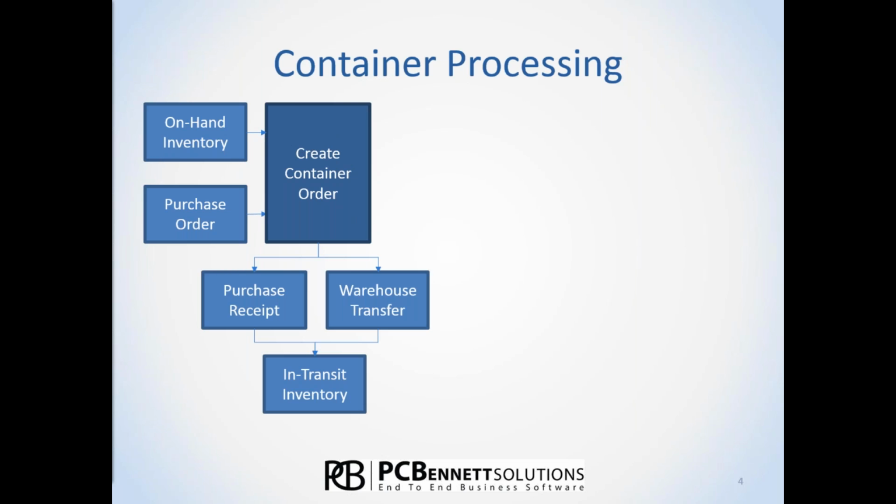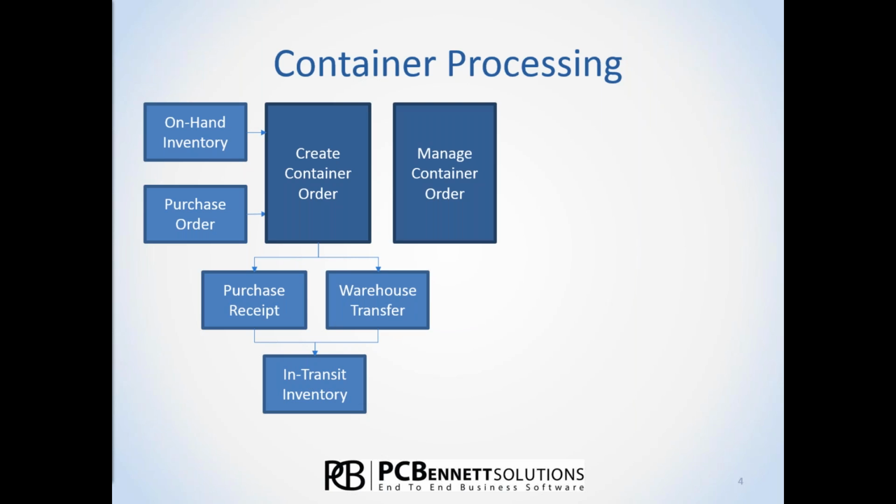From that container order, if it's on-hand inventory, then the container order is based on a warehouse transfer. If it's a purchase order, then the container order is based on a purchase receipt. Once we tell the system which way it is, then it creates in-transit inventory.